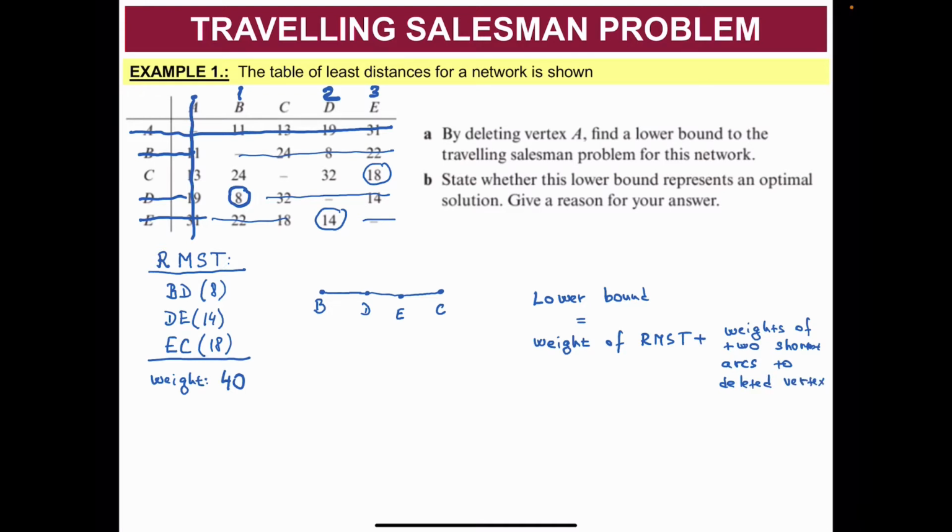So in this case, I had 40. And then you can go back and check what arcs were the shortest ones from the A. So A, the shortest one was B, that was 11, and C, 13. So B and C, so 11 plus 13.